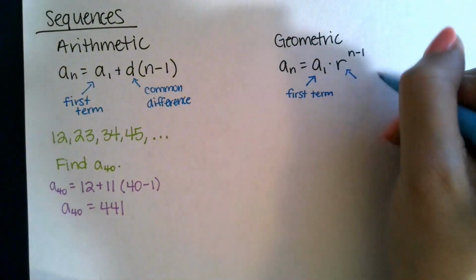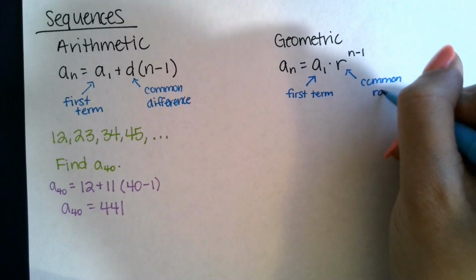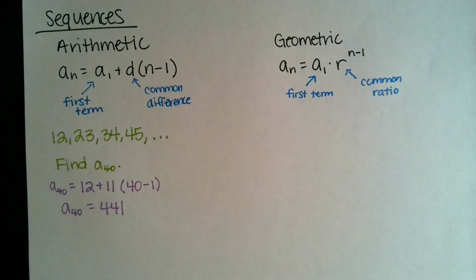And r is the common ratio, not rate as a decimal and not rate of change for this problem. It's the common ratio. Remember, if your sequence is dividing, we write r as a fraction or a decimal. And we put it in parentheses every time.